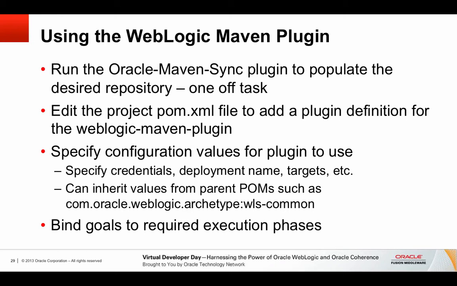And you'll then go ahead and bind the goals from the WebLogic Maven plugin to the required execution phases of your project lifecycle. For instance, you may want to bind in deployment to the pre-integration test phase. So anytime you're going through an integration test, you'll actually deploy the application to a target server.